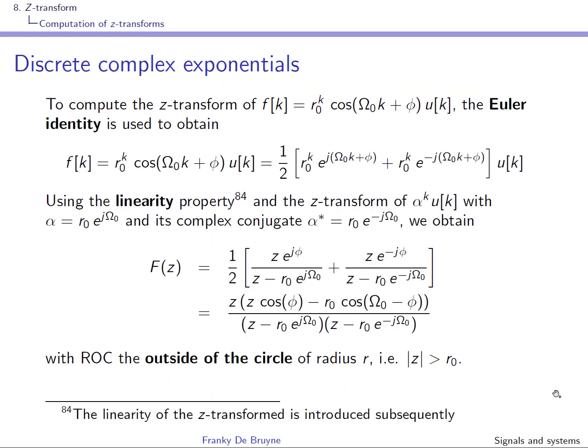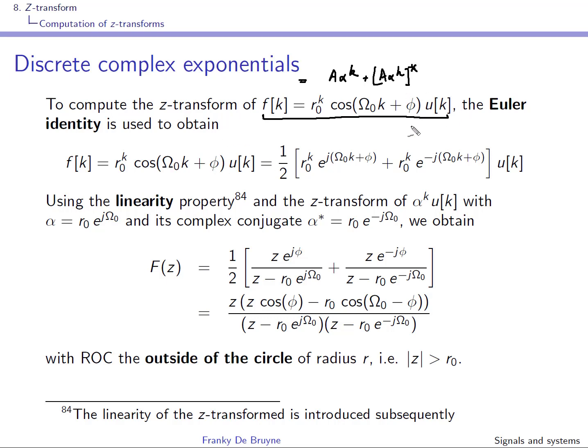So let us now compute the Z transform of this type of signal. This is a signal that we have encountered in the previous section. It's a sum of two complex exponentials. It can be written as a alpha to the k plus a conjugate alpha conjugate to the k.